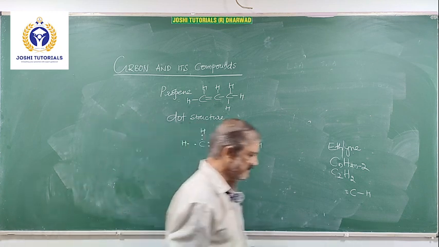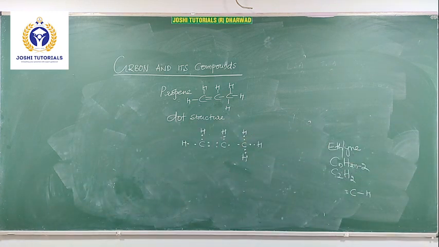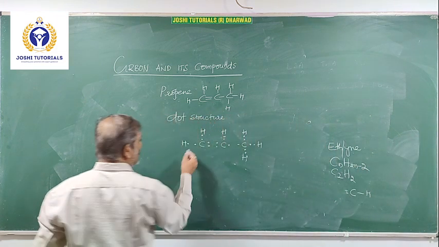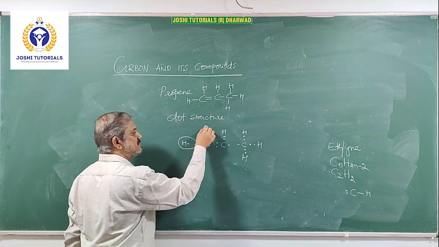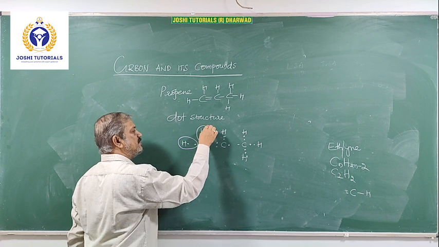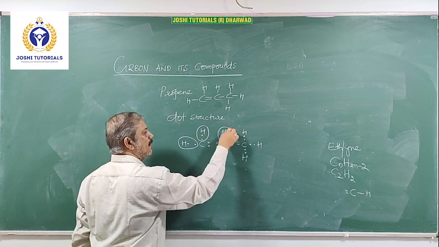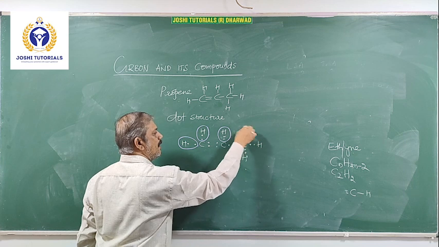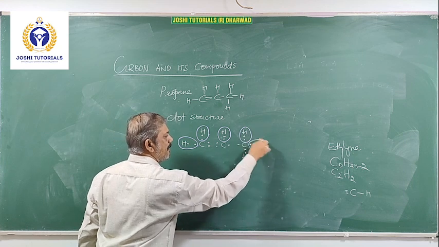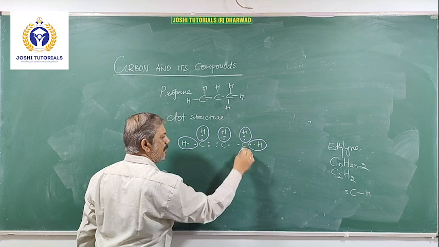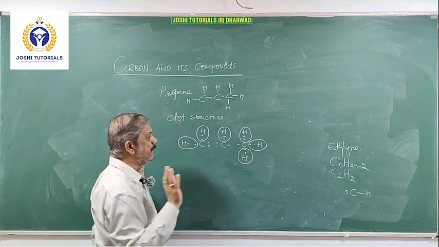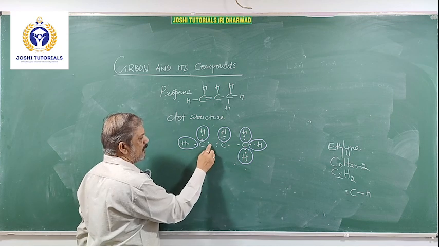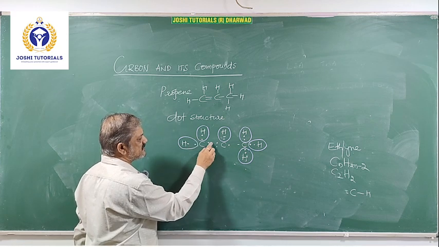Now what to do is, you have to round off like this. First the hydrogen, round off. Next, for carbon the total should be 8: 1, 2, 3, 4, 5, 6, 7, 8.